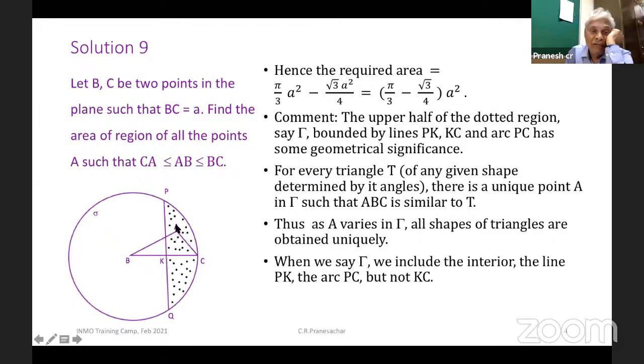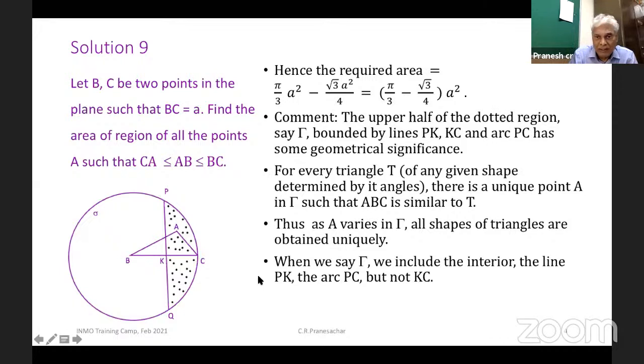Only if you take ABC, every triangle is represented by a unique point. But if you take the triangle AKC, then more than one point A can represent the same triangle. You get me? Yes, sir. So you can now find two positions of A for which AKC gives the same similar triangle.